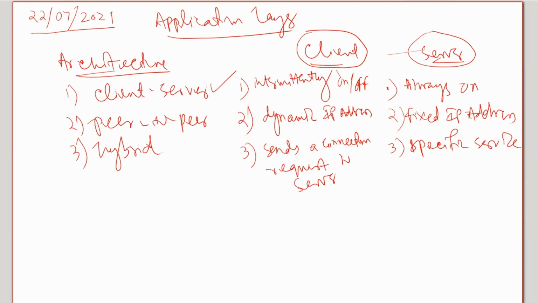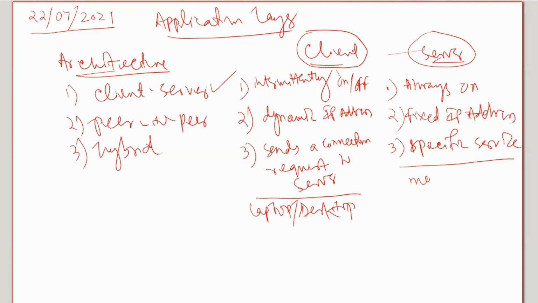Now, the client machine is normally a laptop or a desktop from which we try to connect to the server. Can you think of the server machine? Can the server machine be just like a laptop or desktop like our client machine, or is it powerful in terms of memory?